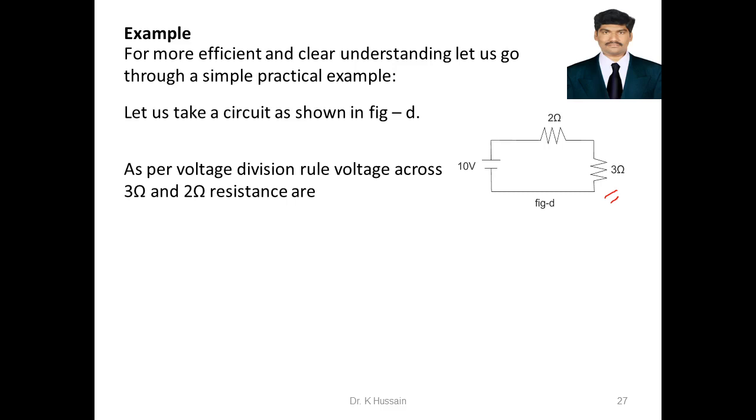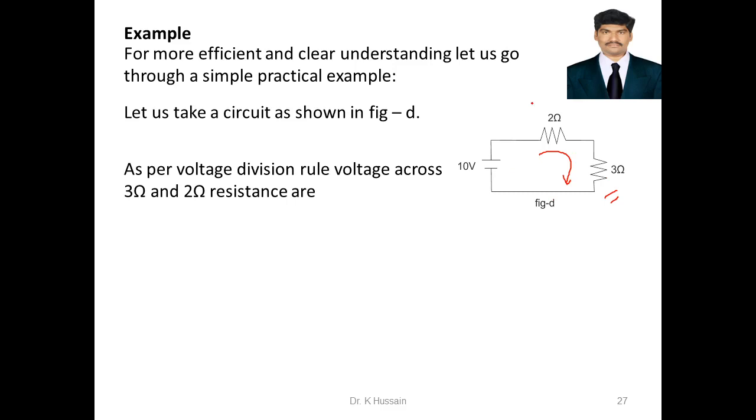It is a very simple series circuit, so we can directly find the current and voltage. The current flowing is 10 by 2 plus 3, so that is 2 amps.